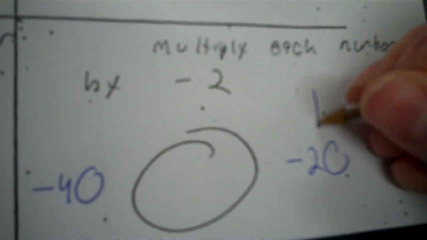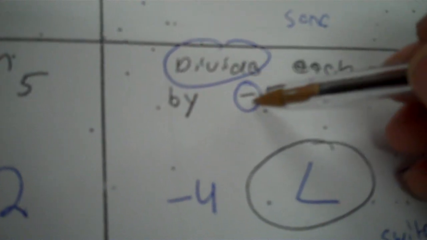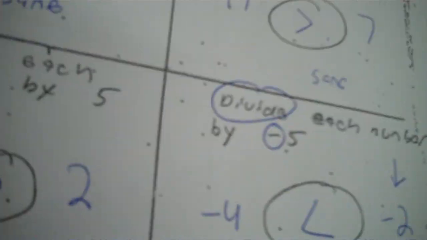Now negative 20 is bigger, so the sign now eats that one. It's now a less than sign. Negative 40 is less than negative 20. So we did switch it. So the sign switches when you divide by a negative on both sides, or when you multiply by a negative on both sides, and that is very important to keep track of.